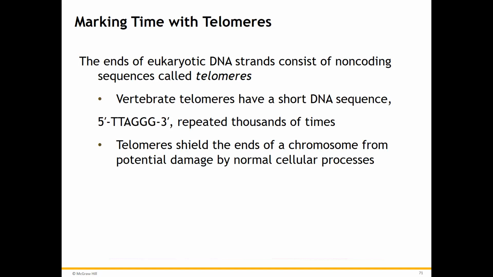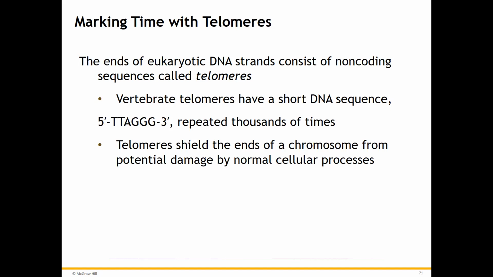Then finally, we'll go back to these telomeres here. The ends of eukaryotic DNA strands consist of these sequences that are called telomeres. They're non-coding, they're not a gene, they're not instructions of any kind. They're just simply non-coding portions that are on the ends of the DNA strands.